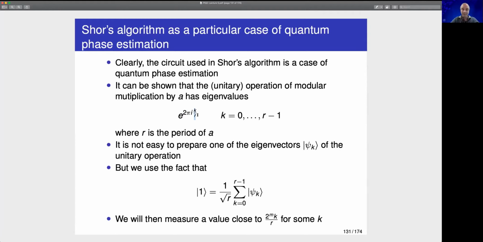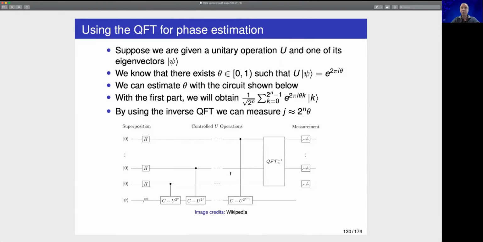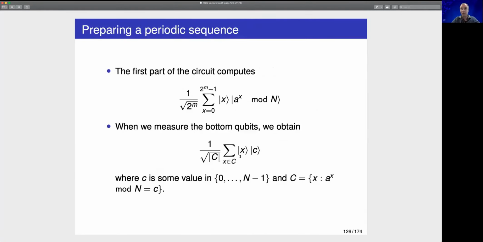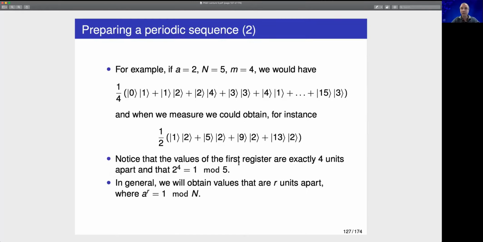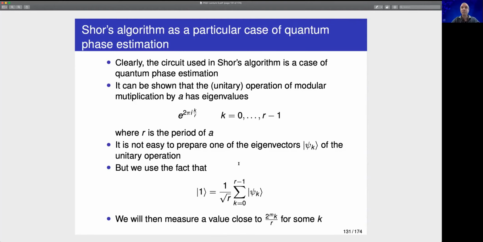are exactly the period that we are trying to find. Okay, so this period that we are trying to find, it's encoded somehow, it's implicit somehow on the eigenvalues of this operation of modular exponentiation. So if we use this quantum phase estimation algorithm, which is what we are doing here with Shor's algorithm, we can recover this value r.